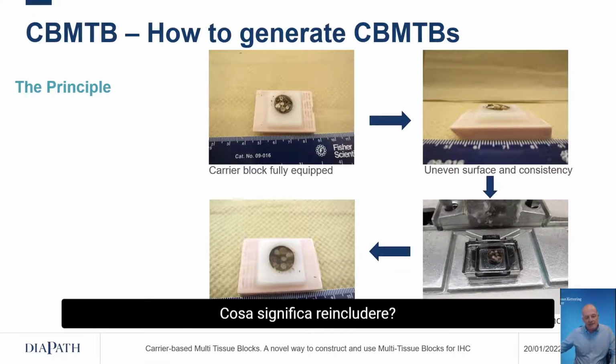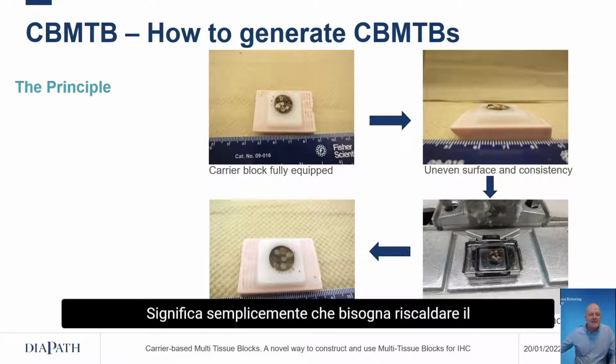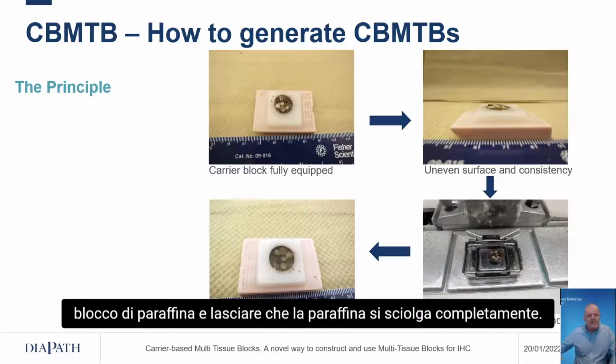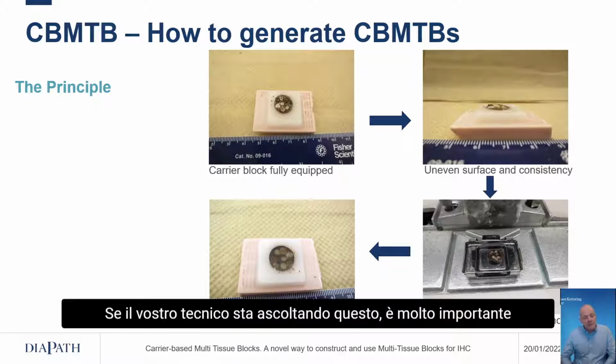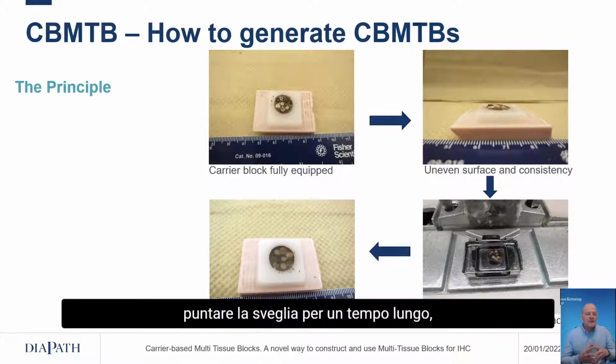What does re-embedding mean? It simply means that you have to heat the paraffin block and let the paraffin melt completely. If you're a technician listening to this, it's very important that you keep the block in an oven for a long time, let's say an hour or two.